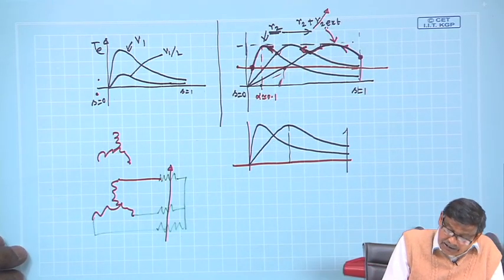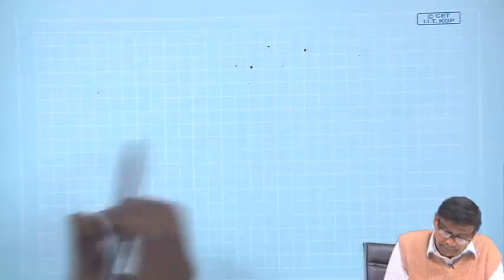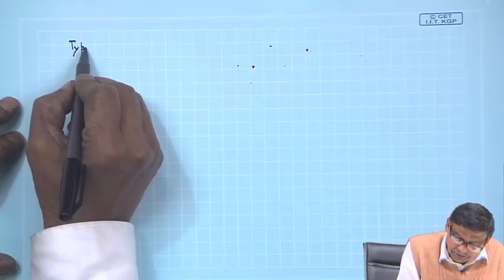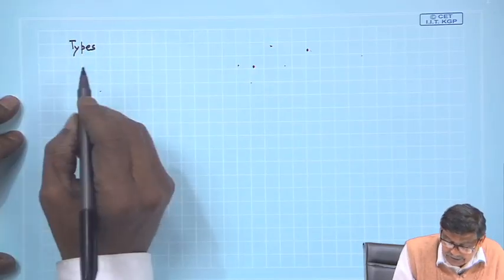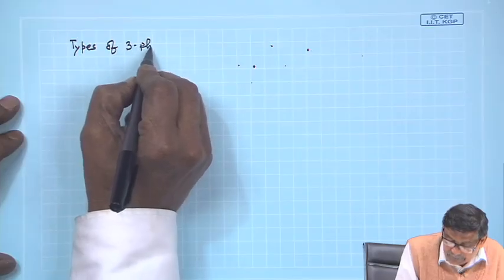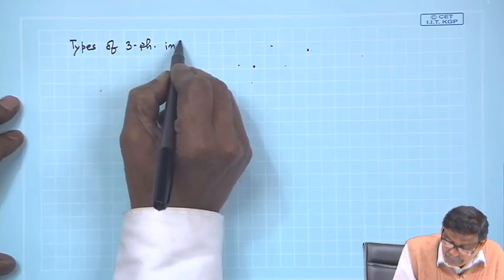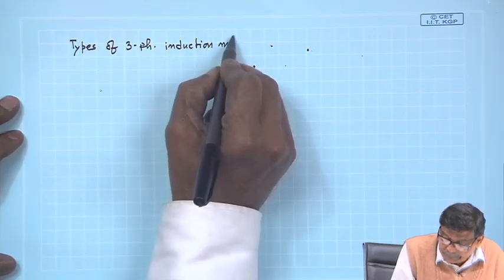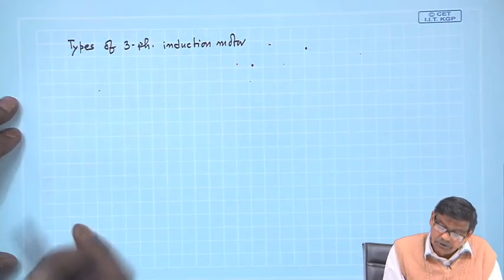Now, what I will tell is types of induction motor. It is at this stage I am introducing it, so that you can understand the types of 3-phase induction motor. There are actually two types.